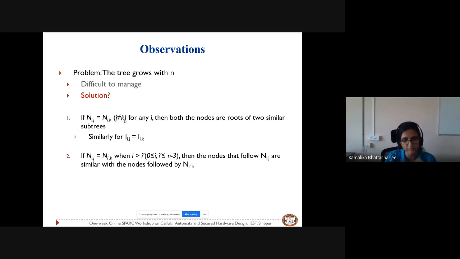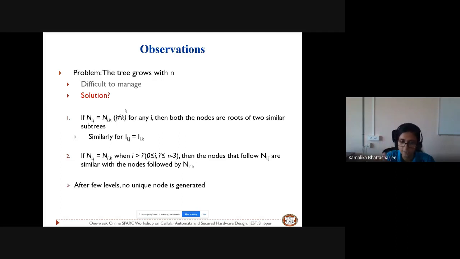Then also the same thing will happen: the nodes that follow the previous subtree will be exactly repeated for the following node. So here also we can skip using the duplicate part.